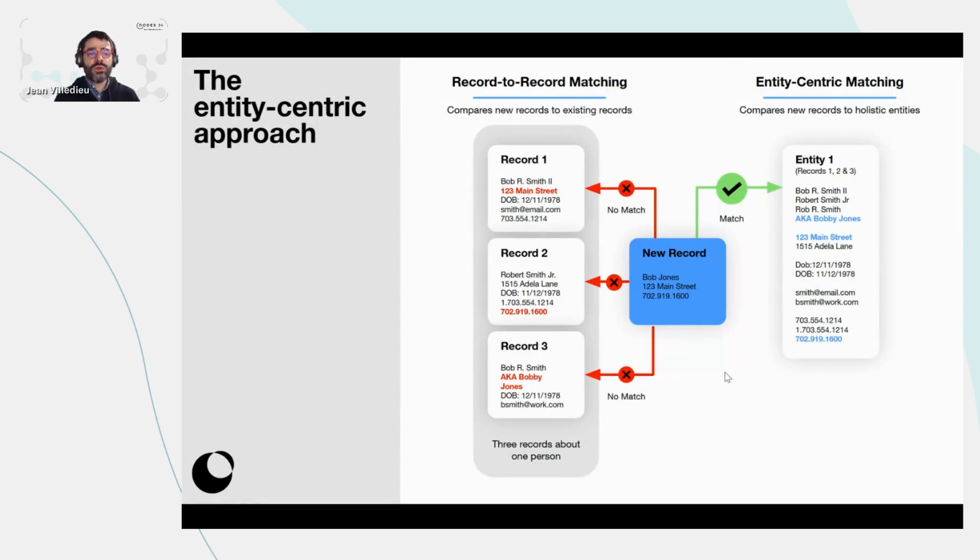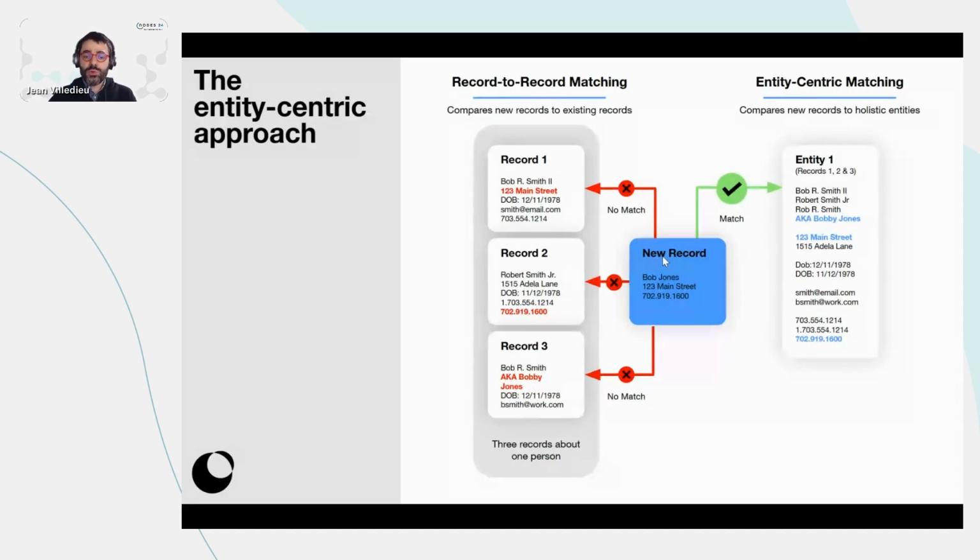So I mentioned the entity-centric approach, and I want to get back to that in more detail. The traditional approach to entity resolution is record-to-record matching. You take two pairs of records, you compare them, and you figure out if it's the same entity. But there are some issues with that, and we can see that with an example.